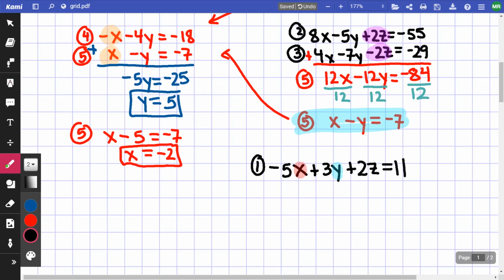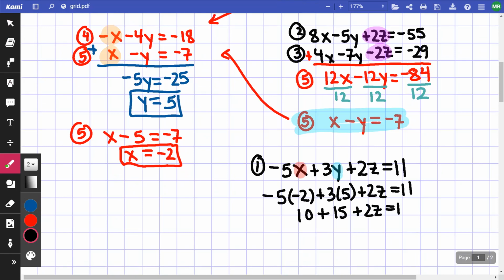So I get negative 5 times negative 2 plus 3 times 5 plus 2z equals 11. So I get 10 plus 15 plus 2z equals 11. So that's 25 plus 2z equals 11. I'm going to subtract 25 from both sides, and I get negative 14. I'm going to divide by 2, and I get negative 7.